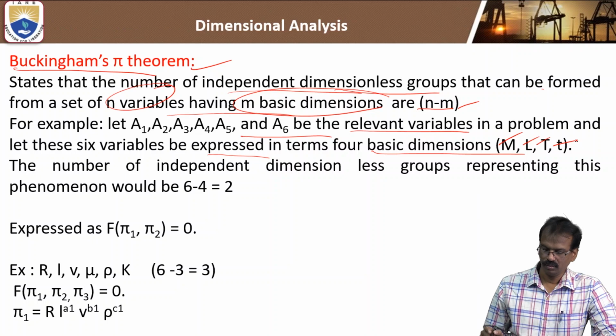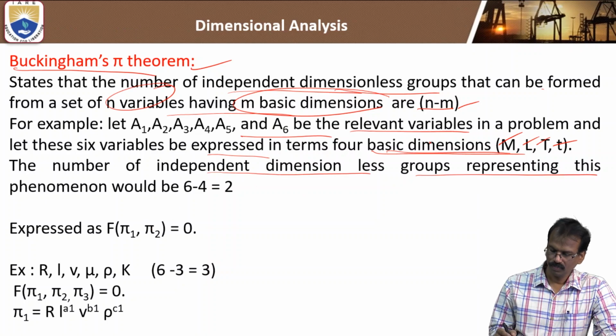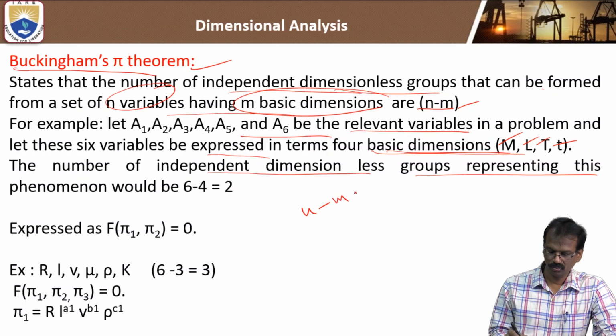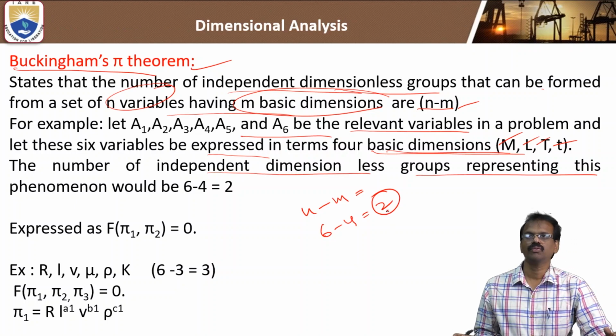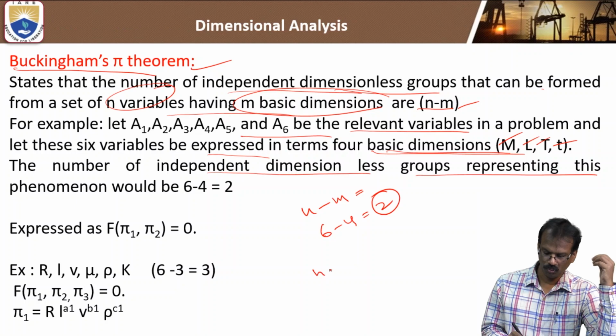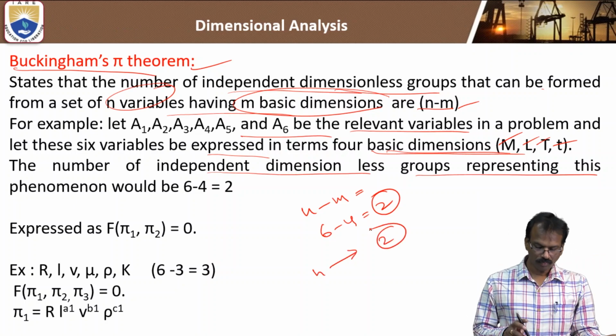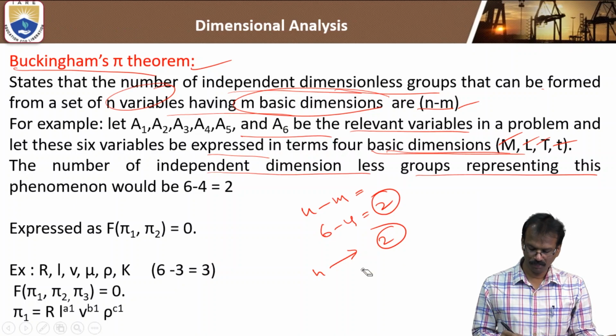So the number of independent dimensionless groups is n minus m, 6 minus 4, which is 2. So we convert these n variables into 2 dimensionless groups, represented by the terms pi 1 and pi 2.